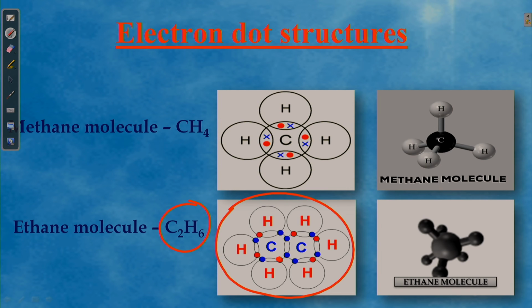The red dots show the electrons of hydrogen and the blue dots show the electrons of the carbon atom. So they get combined to form this kind of structure. This is the structure of ethane, where all the hydrogen atoms combine with carbon with a single bond. Why a single bond? Because each hydrogen and carbon share 1 electron.